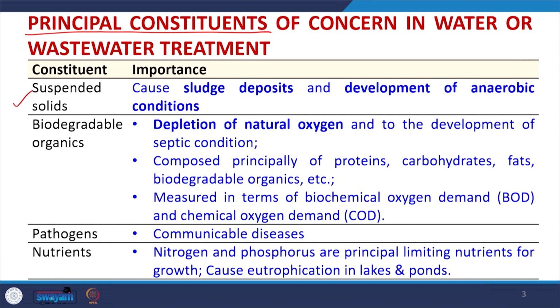If any suspended solid is present inside the water, it will cause sludge deposits and development of anaerobic conditions. If a high amount of solids is present, it may be because of hardness and other things, so the water cannot be used for industrial uses also. There are different possibilities depending upon the constituents present.